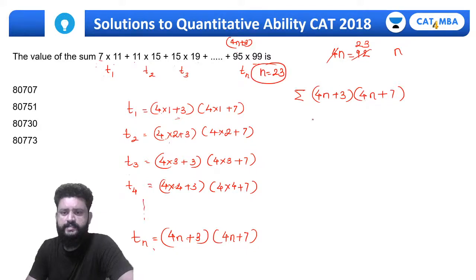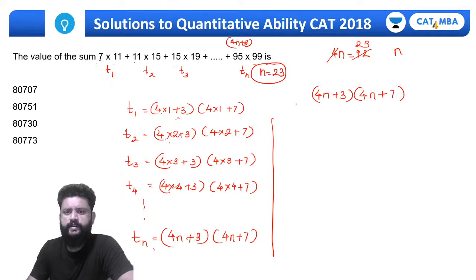Now to add this, just calculate the nth term first. We'll calculate the sum later. So the nth term of the series is basically 4n plus 3 into 4n plus 7. 4 into 4 is 16.